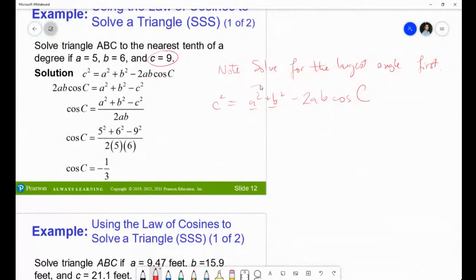Now make sure that we move these two first, and then we need to divide by this, because this is multiplication with cosine. So I'm going to have c squared minus a squared minus b squared equals negative 2ab cosine c. Now I can get rid of all of this right here by dividing both sides by negative 2ab.